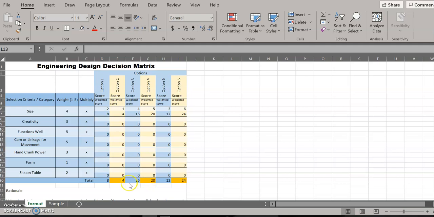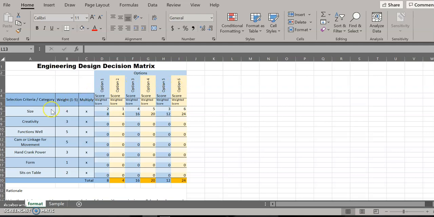So the first thing we're going to do is list our options up here in these columns. Right now this decision matrix is set up for 6 options. You can have less than that, you can have more than that, whatever you'd like to do for your different options for the designs.